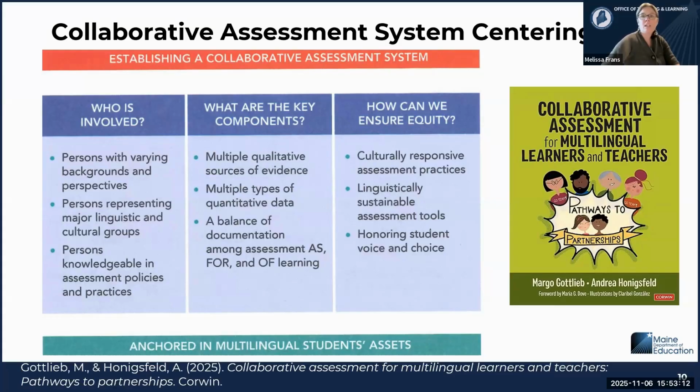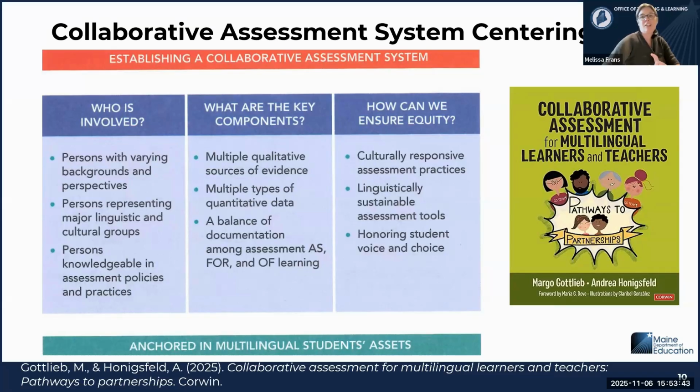And that's rooted in collaboration and rooted in building from multilingual students' assets, which we heard Rebecca talk about yesterday. And thinking about how anchoring our assessment systems in our students' assets can underscore their rights to a culturally and linguistically responsive and sustaining learning experience.